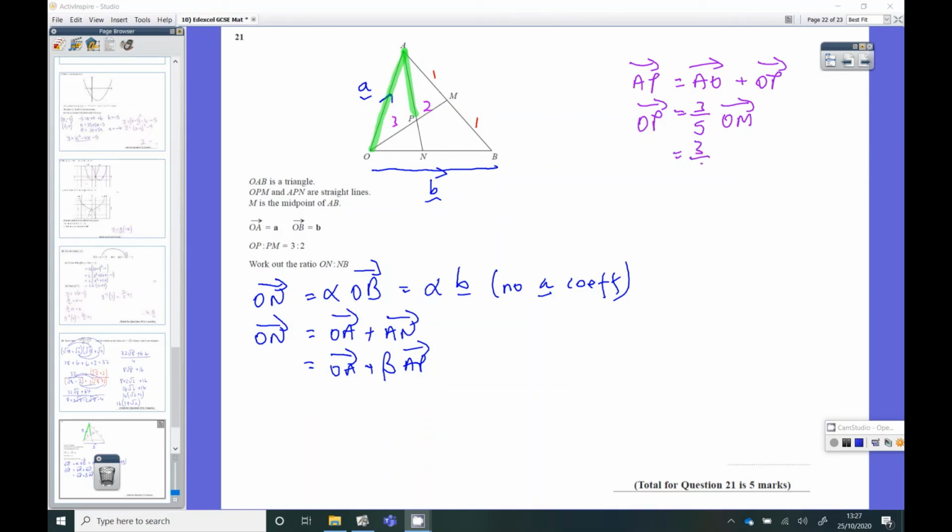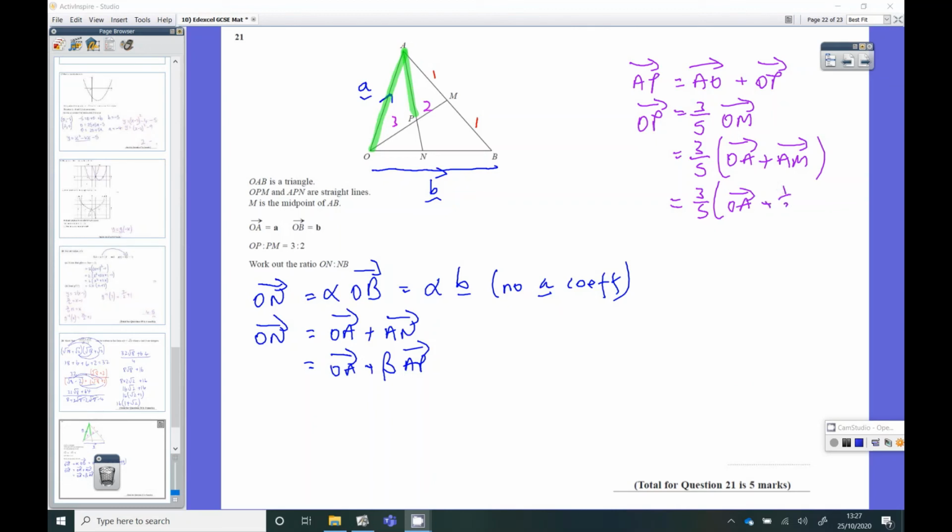Going from O to M is going from O to A and A to M. Now what do I know about A to M? A to M is half of A to B.